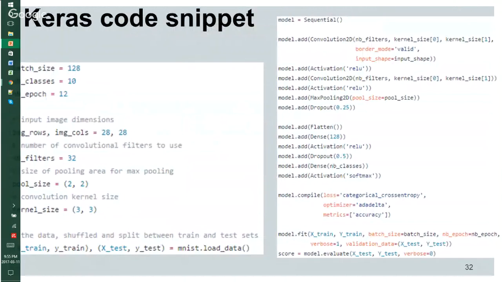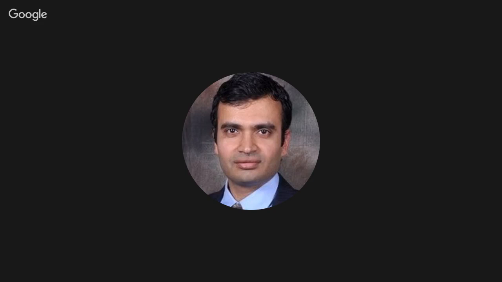So here's a code snippet. This is Keras. All you do is tell it the batch size, number of classes, how many epochs to run, what your different layer sizes are.